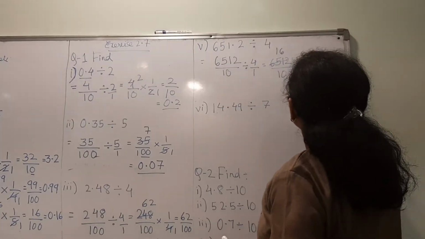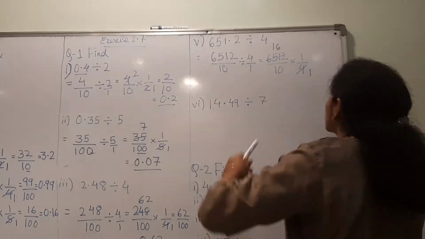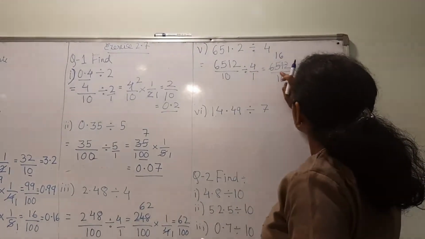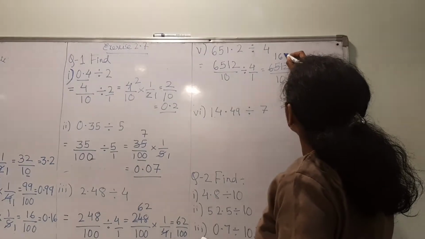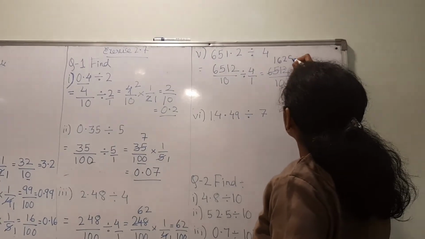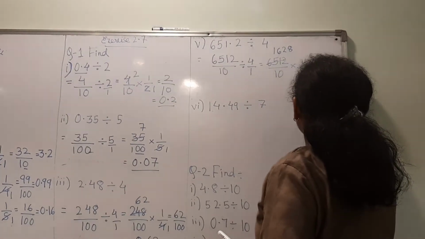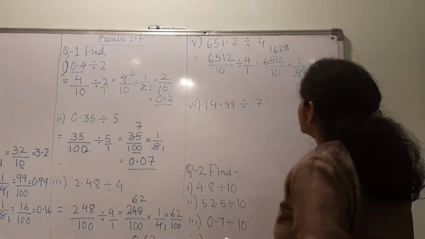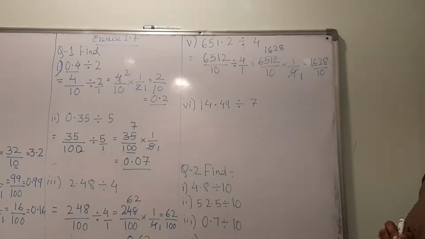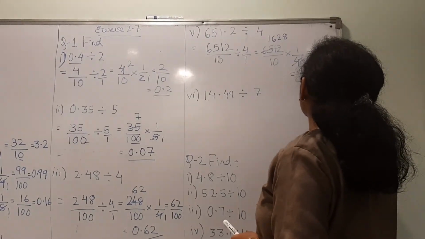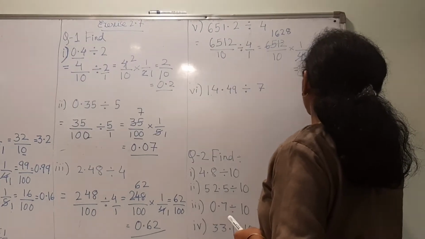If I divide 6512 by 4, 4 1s are 4, 4 6s are 24, 4 2s are 8. Yes, it is 1628 divided by 10. So before 1 digit, this will be 162.8.